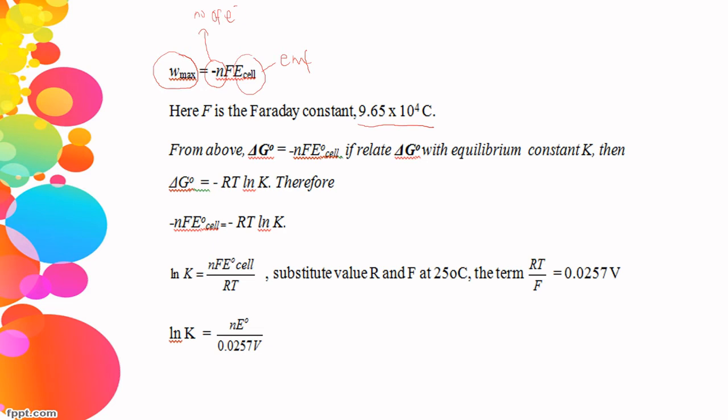If we want to relate delta G naught with the equilibrium constant, then delta G naught is equal to minus RT ln K. Therefore, minus nFE naught cell equals minus RT ln K. And if we want to calculate ln K, we can reorder the formula, and we will get nFE naught cell divided by RT.